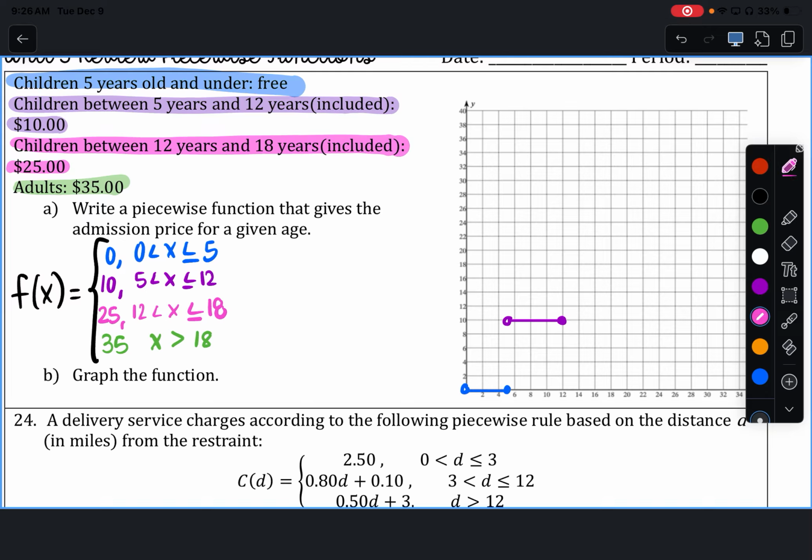Okay, then for 12 to 18, it is going to be 25. Okay, at 12, is it going to be open or closed? And at 18, is it going to be open or closed? Okay, then adults are going to be at 35 for 18 and up.